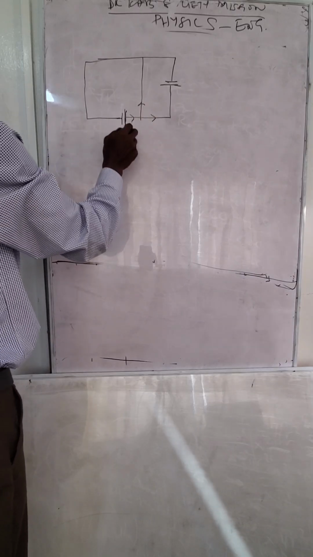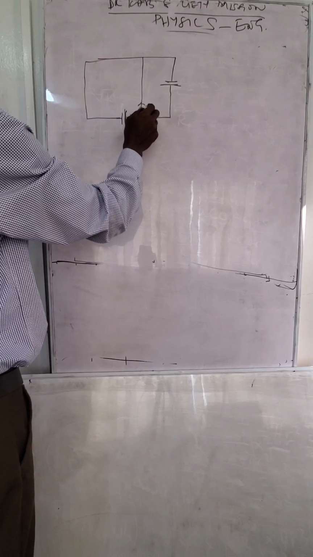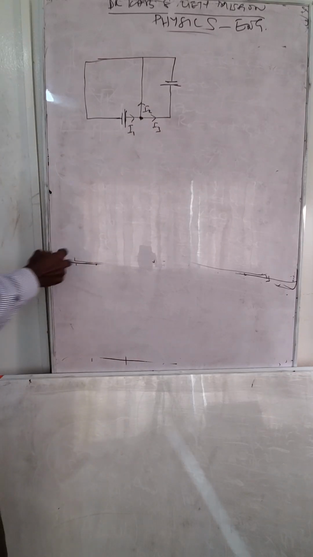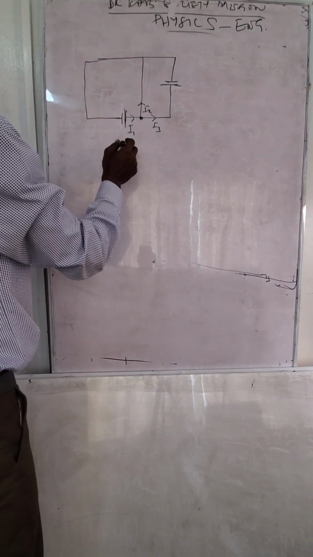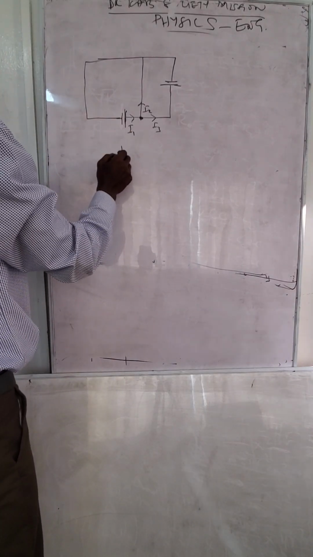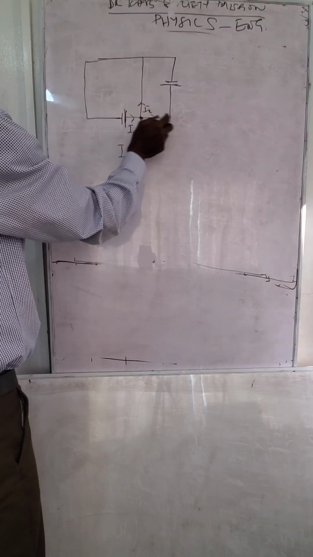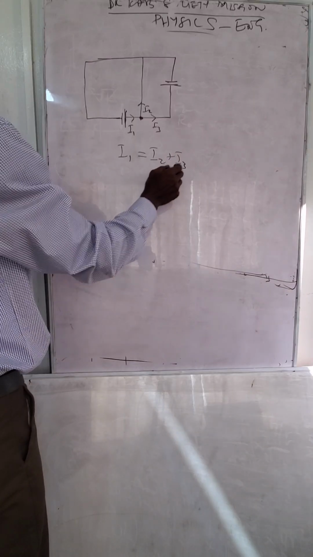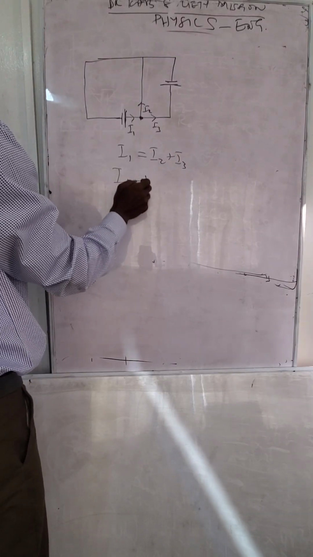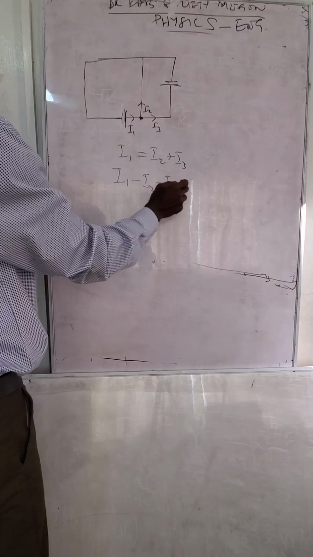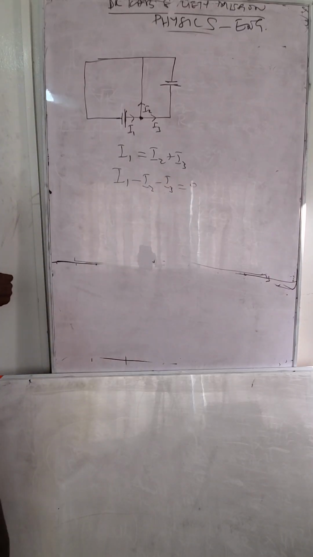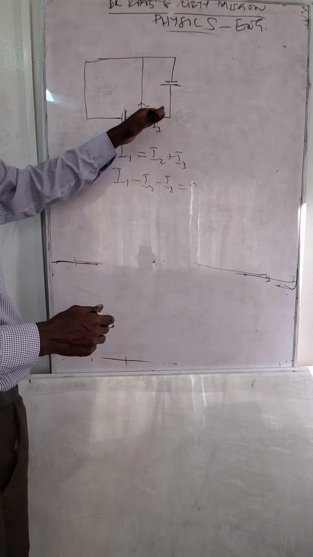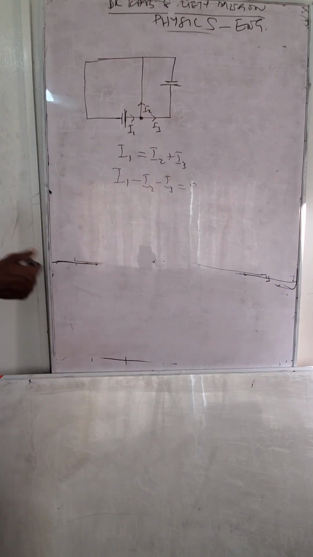This will go down. And let's assume this is I1, this I2, I3. This is the point, the junction. According to Kirchhoff's first rule, I1 is what is giving rise to these two. So I1 will be equal to I2 plus I3. It's the same as saying I1 minus I2 minus I3 is equal to 0. Okay, so current entering the junction is equal to current leaving. Right, that is rule 1.